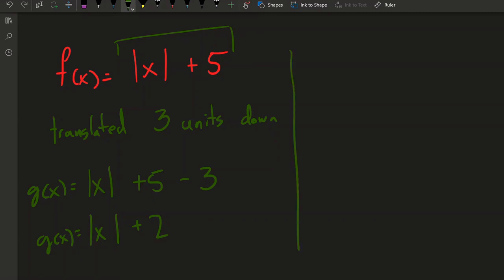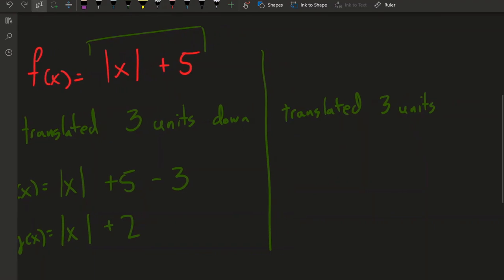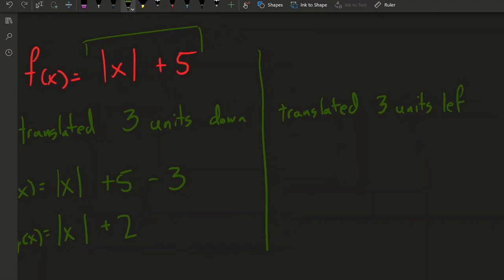Now what if we wanted to do translated 3 units left? That's a horizontal translation, so in order to do that, we need to add a value just to the input.